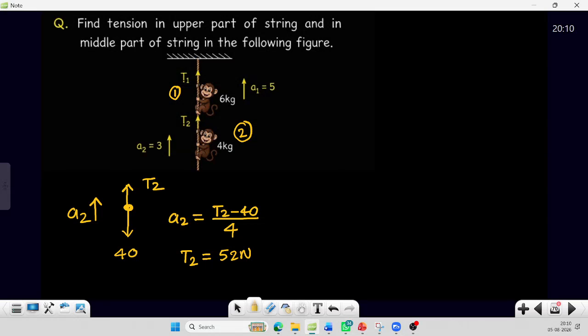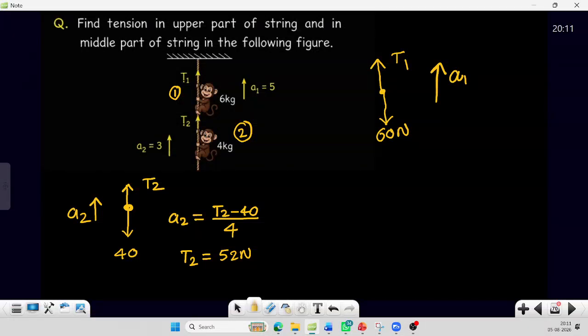Now we'll talk about the first monkey. What are the forces acting on it? First, its weight acts in the downward direction, which is 60 newtons. Next we have the tension T1, and this monkey moves upward with some acceleration A1 given.